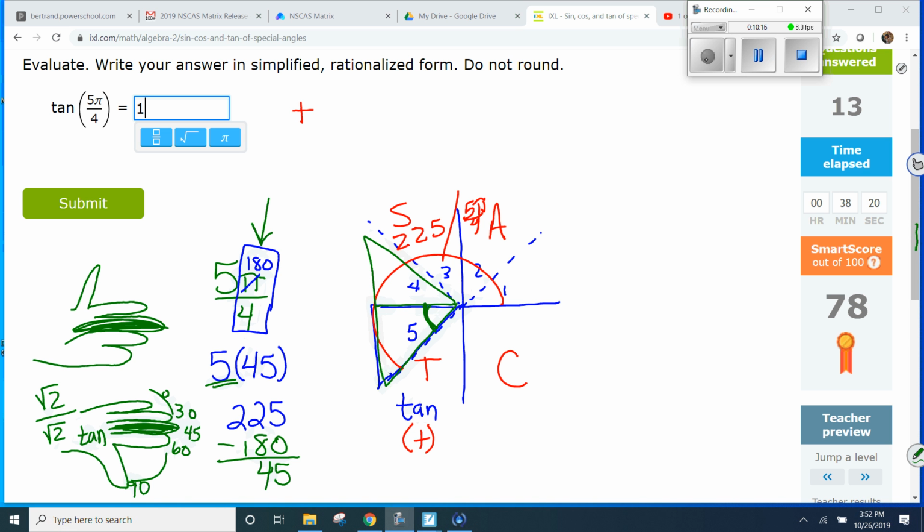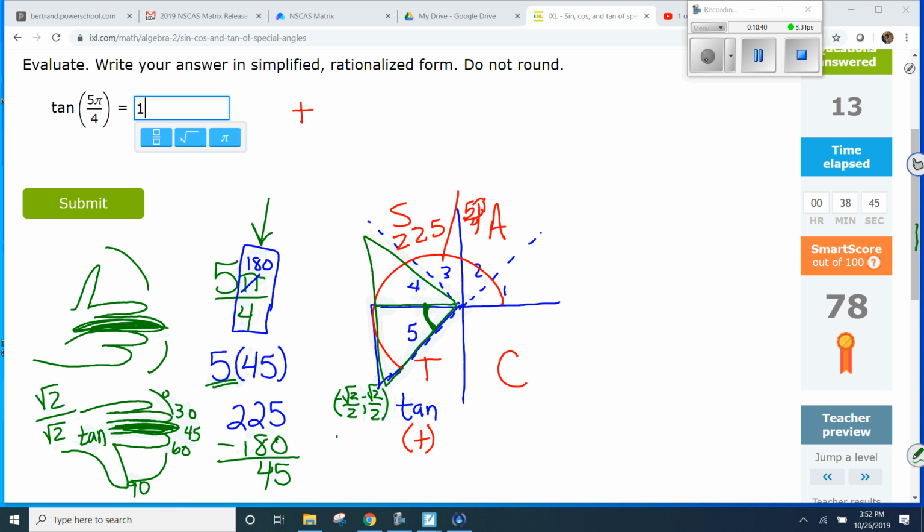Another way you could look at it is you could just figure out what that coordinate point's going to be. And for that coordinate point, you could look at what the cosine and the sine values are going to be. The cosine value is radical 2 over 2, and the sine value is radical 2 over 2. But it's negative, sorry, and negative.